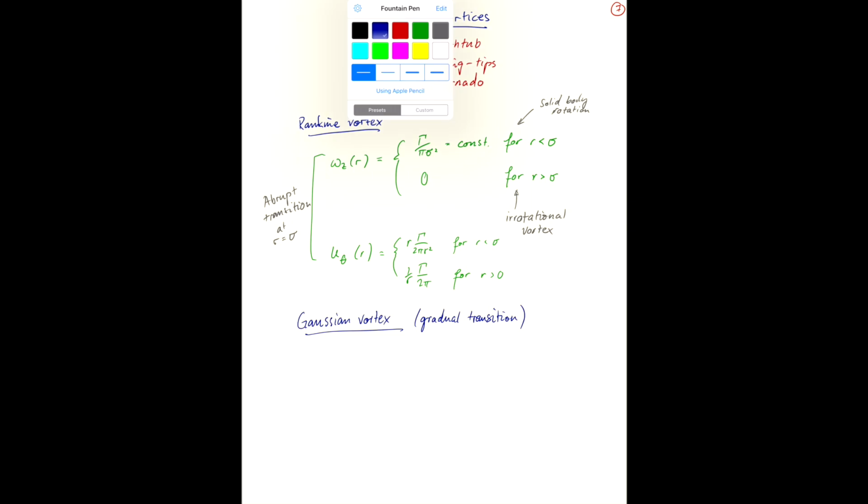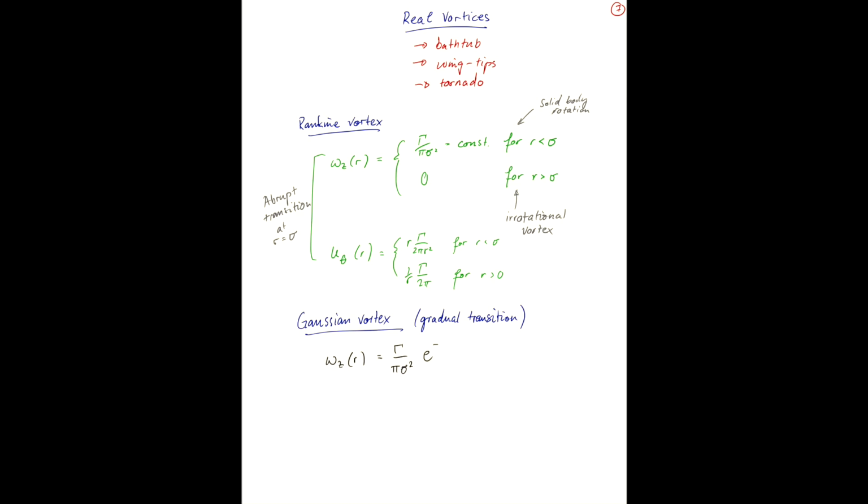And this vortex is typically written as omega z as a function of r is gamma over pi sigma squared e to the minus r squared over sigma squared, and u theta in this case is gamma over 2 pi r times 1 minus e to the minus r squared over sigma squared.